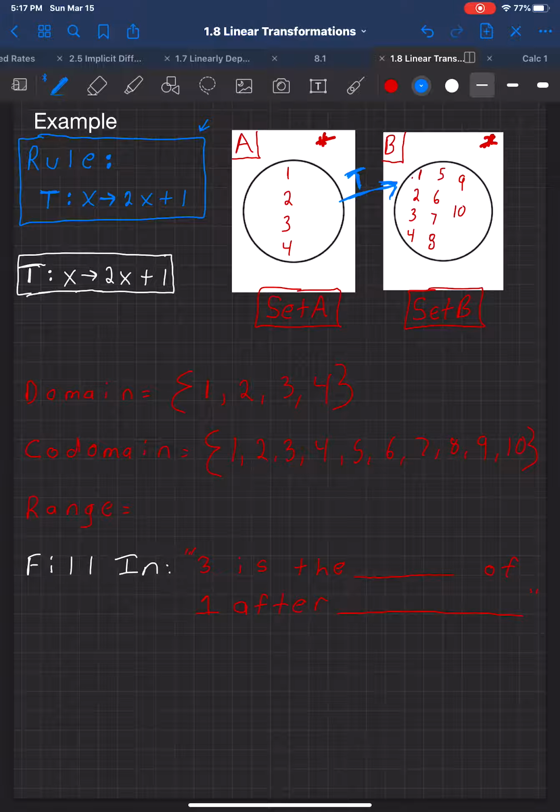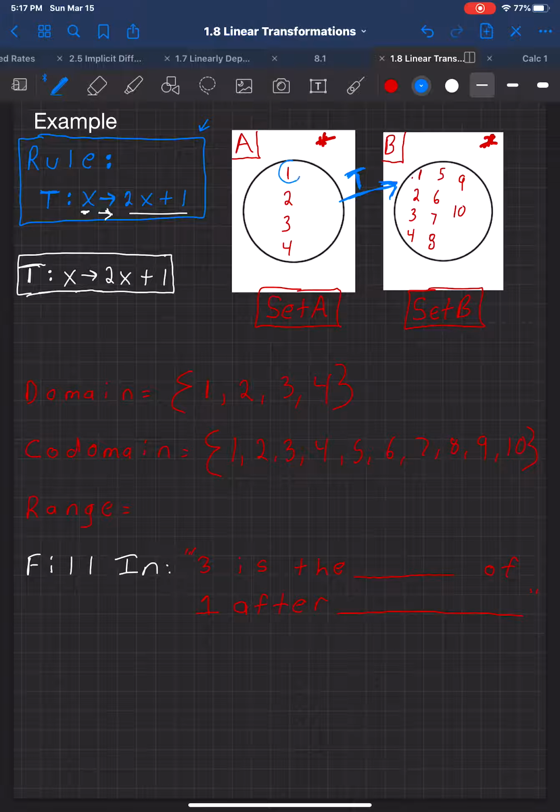It appears that the way we've defined our transformation is that our inputs of x are mapped to our outputs of 2x plus 1. So we input an x, and what comes back out is 2x plus 1. Let's try that.